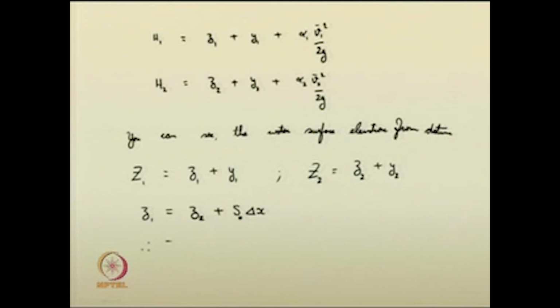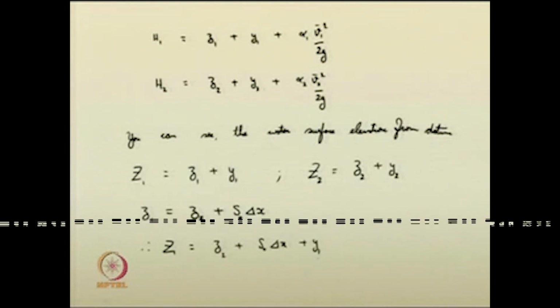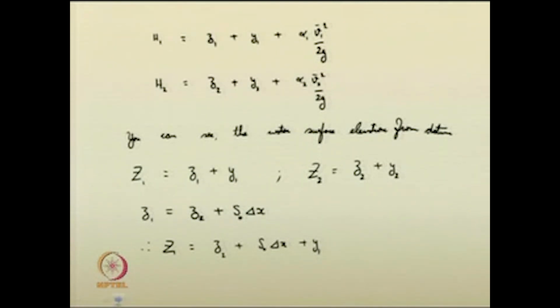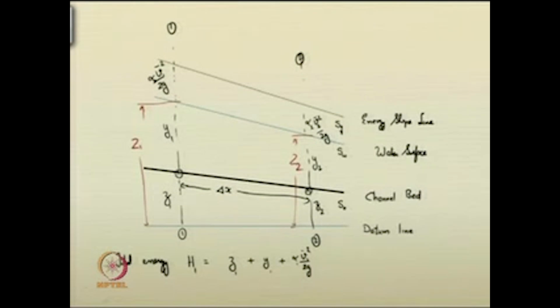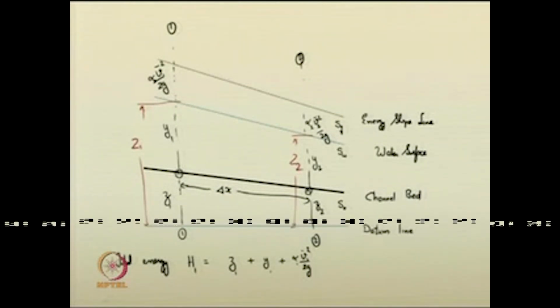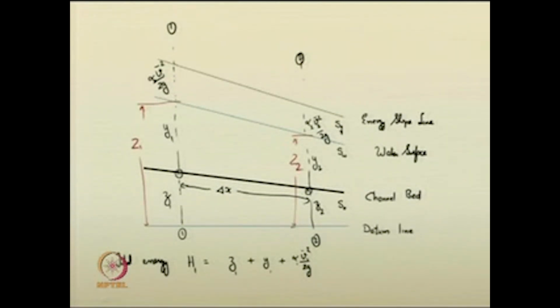Therefore, your capital Z1 is nothing but Z2 plus S0 del x plus Y1. These are nothing but just manipulation or rearranging of the terms. There is no arithmetic involved here. So, as you see in this figure, your energy line is getting decreased.